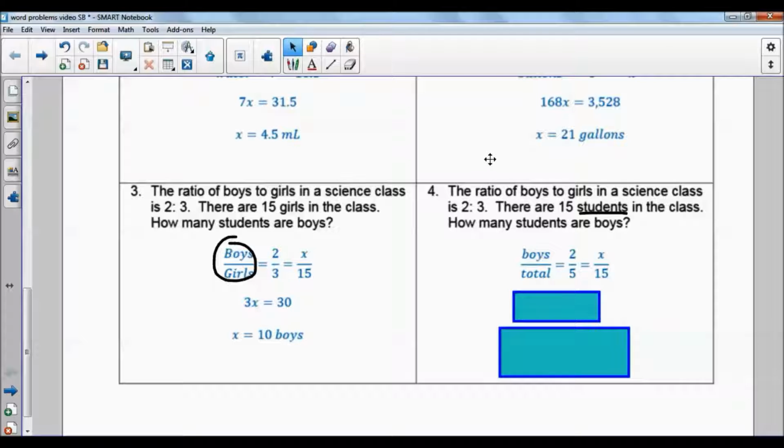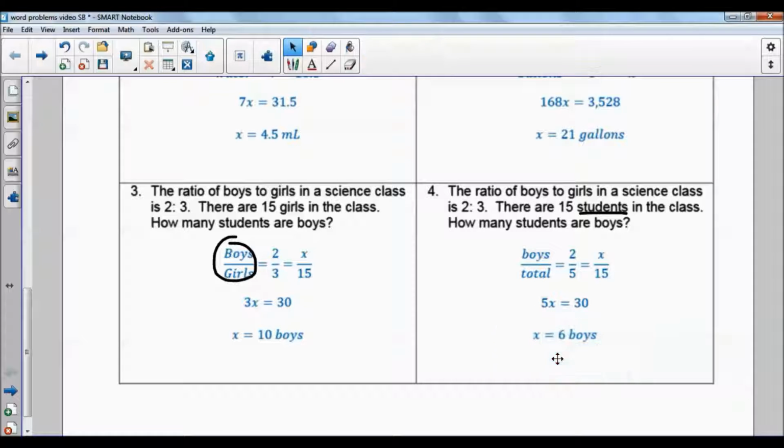So if we think about just this ratio, our boys is still 2, but our total number would be 2 plus 3, which gives us 5. And then over on our other side, there's still 15 students total, so we'll put x over 15. And then we're going to cross multiply just like we were doing. So 5 times x is 5x, 2 times 15 is 30, divide by 5 on both sides, and we get x is equal to 6 boys.